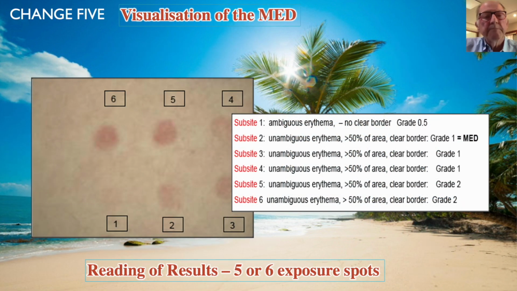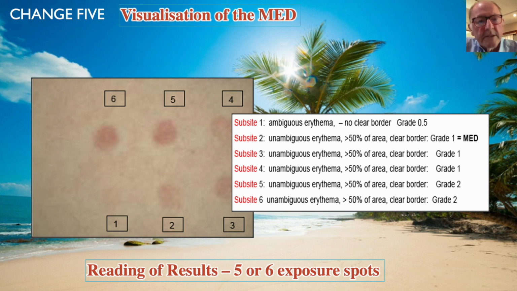So back to ISO 2444. Change 5 was the visualization of the MED, and previously we were trying to define that in words. So we decided to print in colour and to produce examples of how the back should appear when the exposures are read at the end of the experiment. We have a definition of MED, which is a minimal erythemal dose that's created an actually visible red colour on the skin.